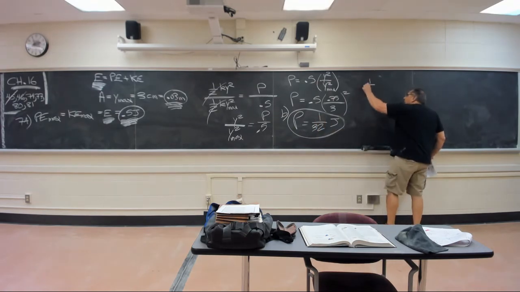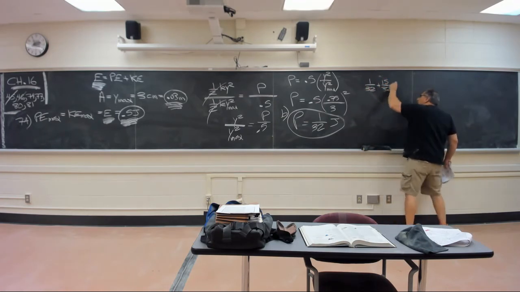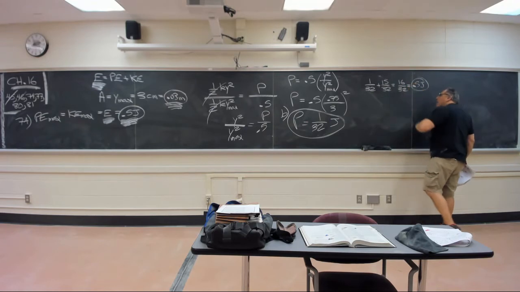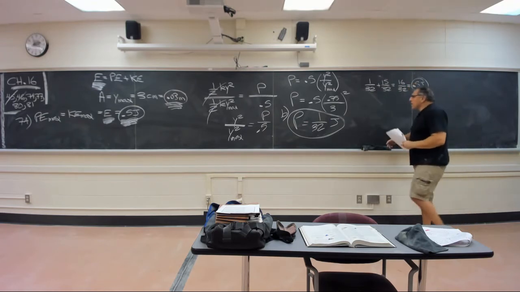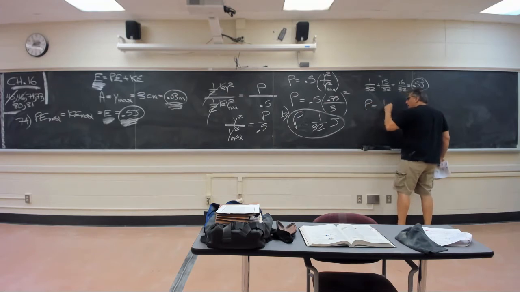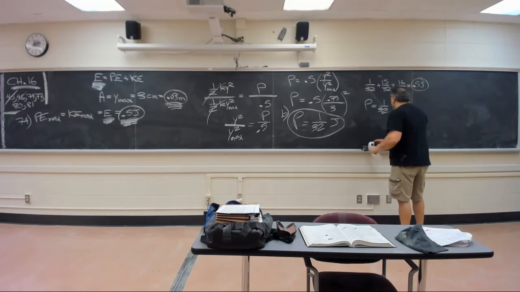Guys, look, what's 1/32 plus 15/32? That's 16/32. That's 0.5. Those are the joules. So the potential energy at that point is 1/32 joules. The kinetic energy is 15/32 joules.